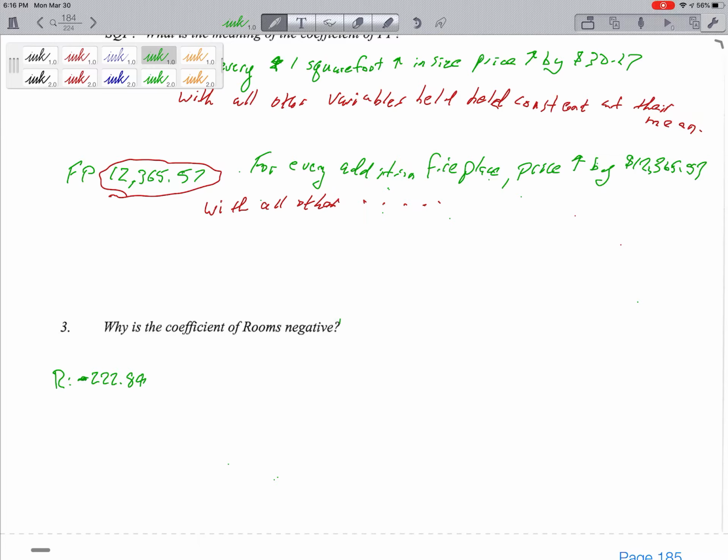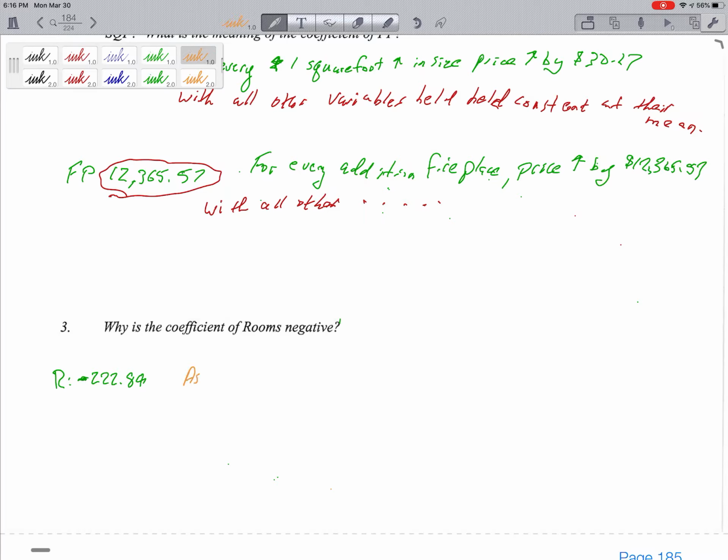Now what happens when you start stuffing rooms in? Well, they get smaller, right? So without changing the size of the house, then you would find that there would actually be a negative effect on the listing price of the house, right?